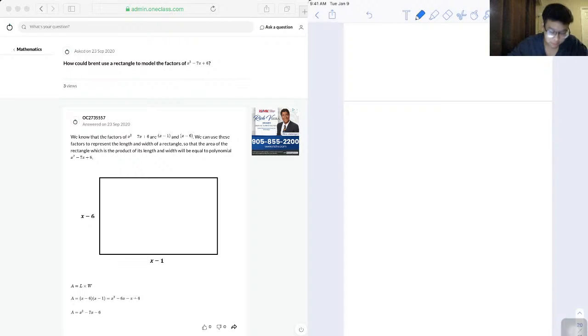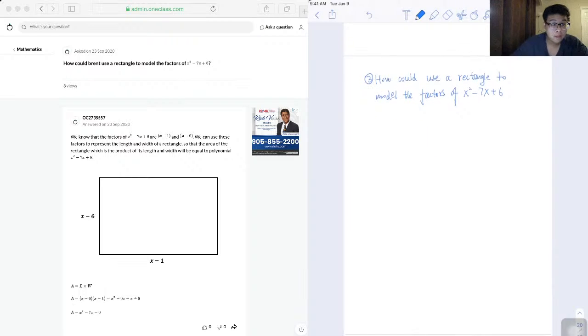Okay, so our next question. How could you use a rectangle to model the factors of x squared minus 7x plus 6?